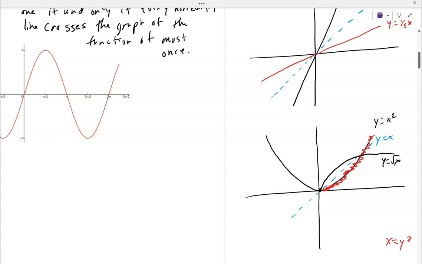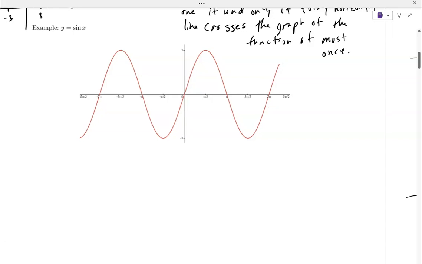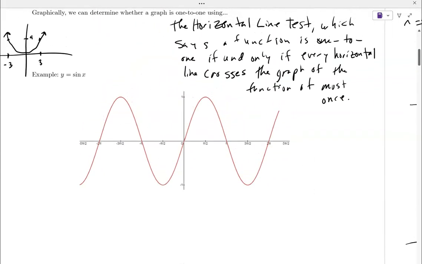Okay. So let's go over to our y equals sine of x graph. Looking at this particular graph, this function, y equals sine of x, is definitely not one to one.